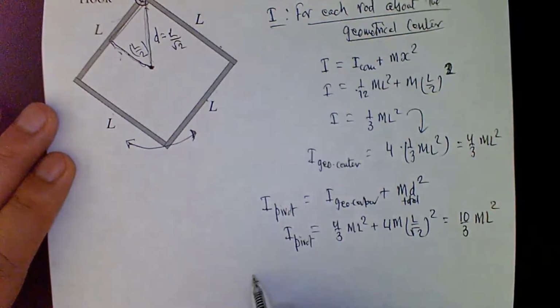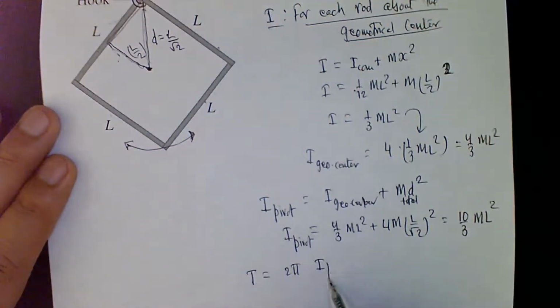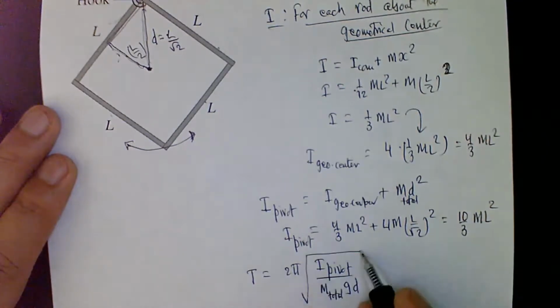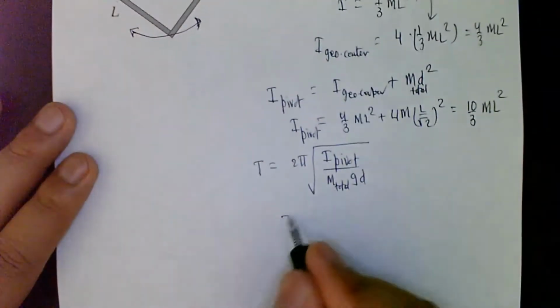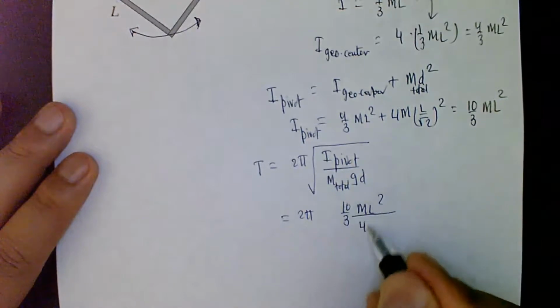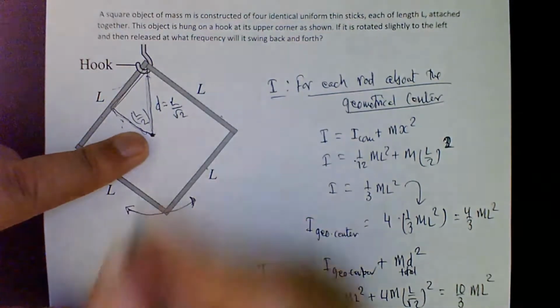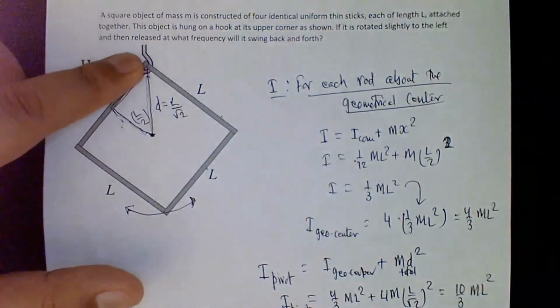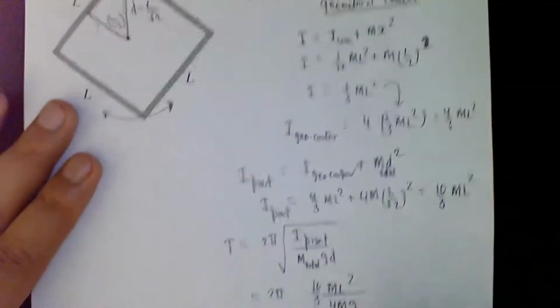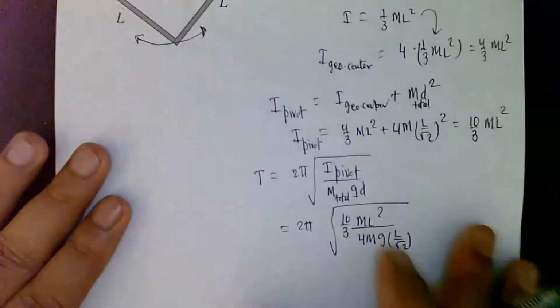Now we are almost done. The period of this square pendulum is 2 pi times the square root of I pivot divided by the total mass times g and D. I pivot we just found is 10 over 3 ml square, divided by the total mass, again 4m, times g, and D is the distance from the center of mass of the system, which is the geometrical center, to the pivot point, which is L over 2 square root 2, whole thing squared.